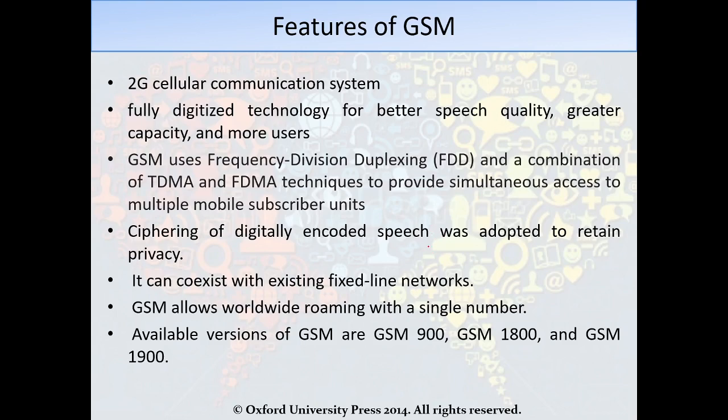There was very good ciphering encryption of your digitally encoded speech, so all your calls were basically encrypted. It coexisted very well with the existing fixed line networks, which we call the public switched telephone networks. And it also allowed worldwide roaming with a single number. So international roaming was supported in GSM, right?